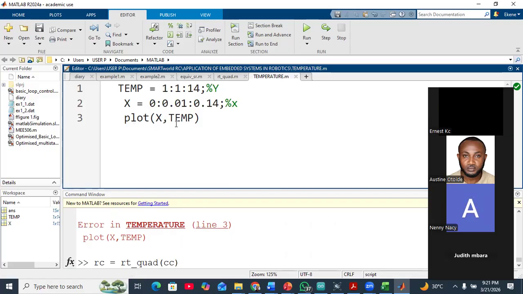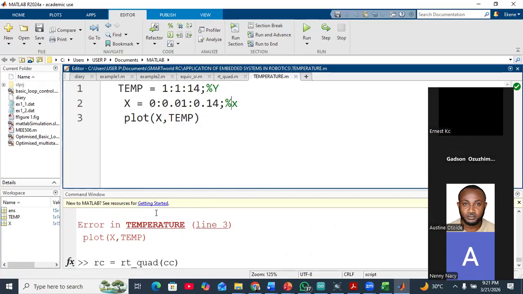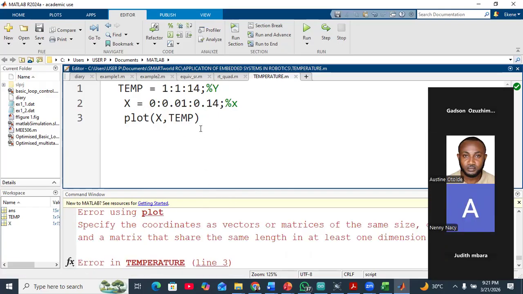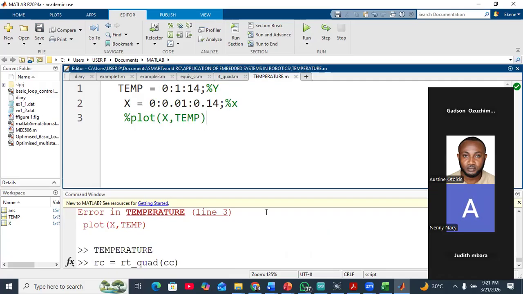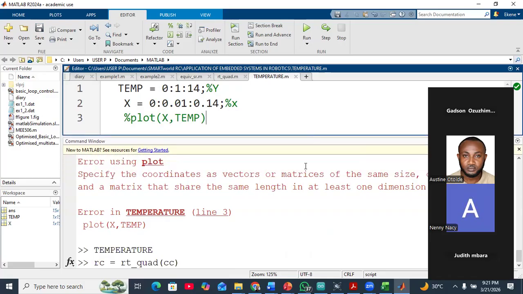What is the error? They are not of the same size. We check what is the length of. Oh, we're supposed to start from 0 now. We didn't point out, supposed to start from 0. Okay, so let's see. This is showing error. Line 3. Let me clear some things.